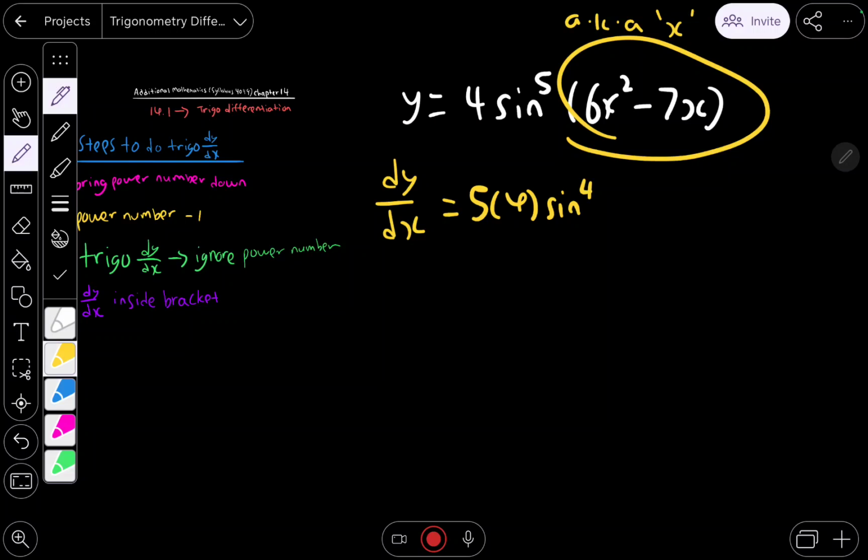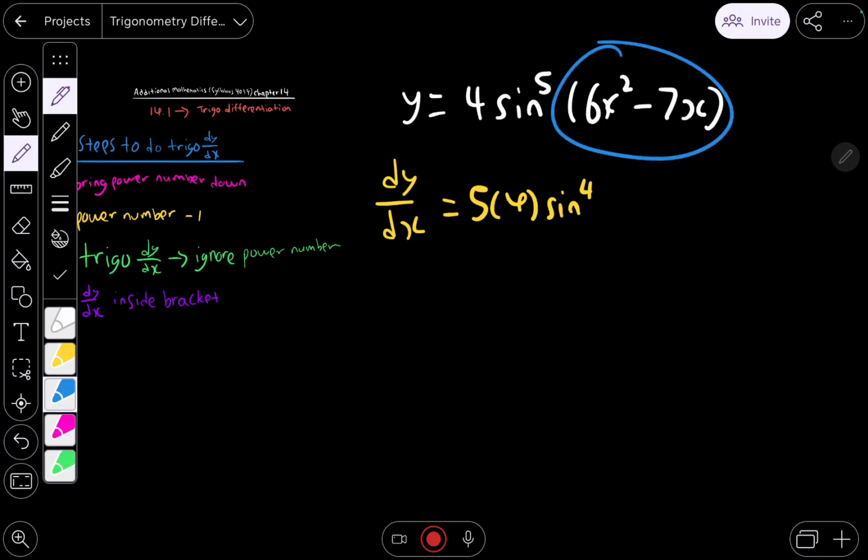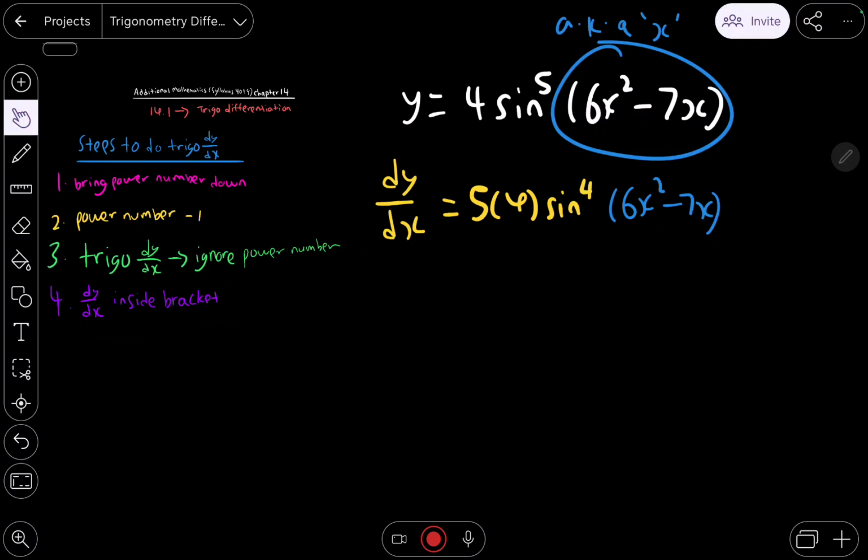The thing I circled in yellow is aka your x, but I'm not gonna confuse you, I'm gonna circle it in blue instead. For this thing that I circled, I will copy and paste. You might wonder, why is it sine 4? Remember, bring power number down, and then power number minus 1. The power number is here, 5 minus 1, you get a 4.